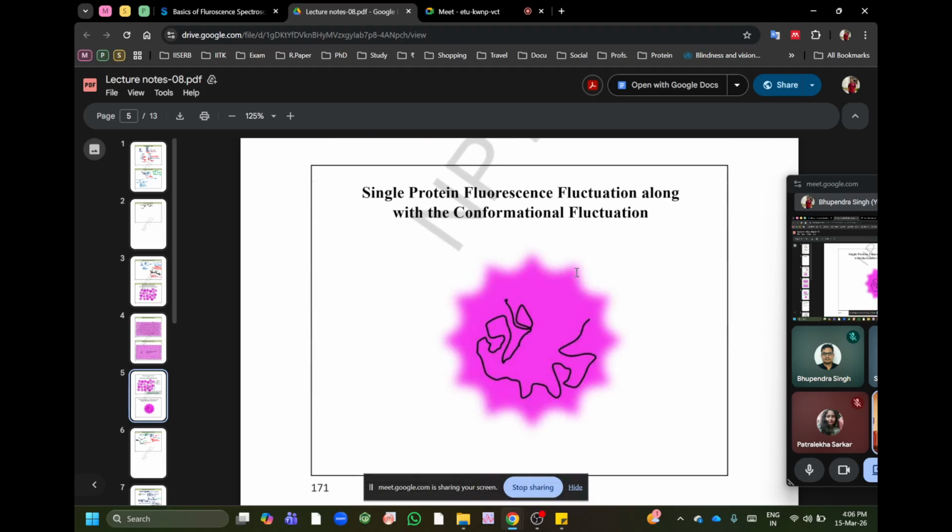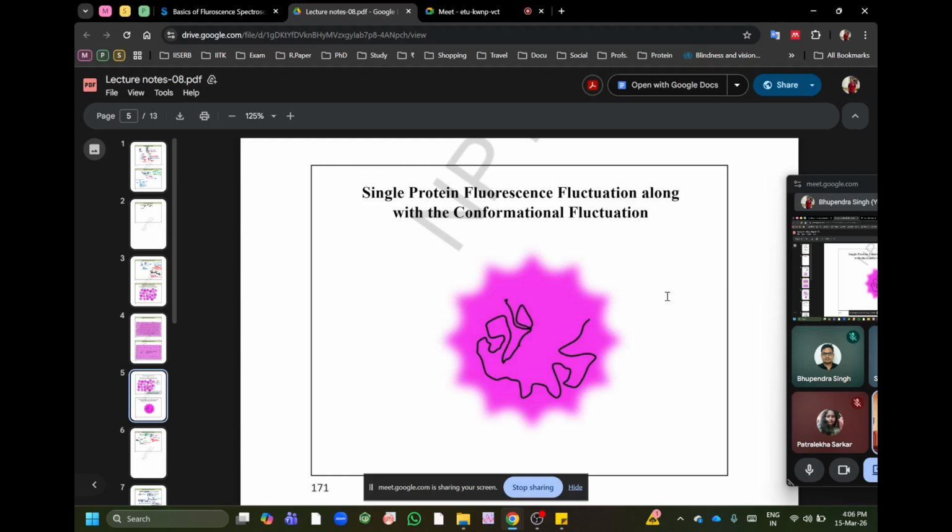Make a volume so tiny that only one protein molecule can exist there. One molecule comes from the left side, reaches your observation volume, and leaves. In that way, you can detect the conformation fluctuation timings of the protein.